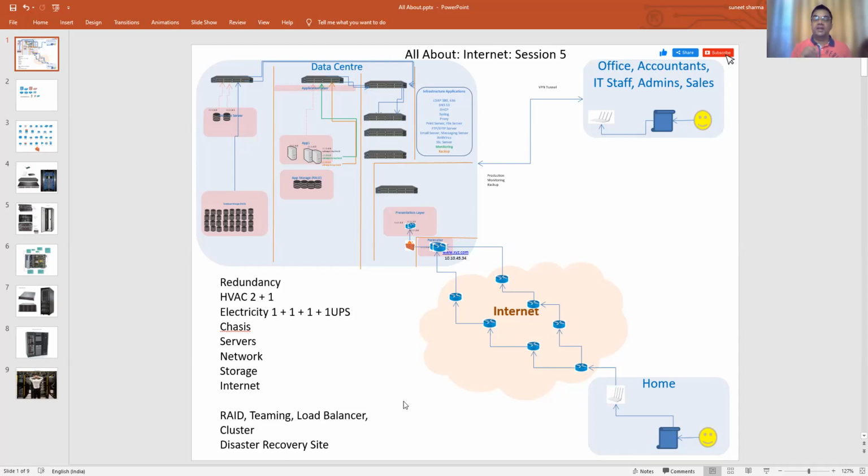So while we are designing the data center, when we are designing the infrastructure for some application, or designing the application itself, we have to consider each and every part. It is not simple that we just install the application and it will start working. We are talking about serving the customer with an uptime of 99.999.